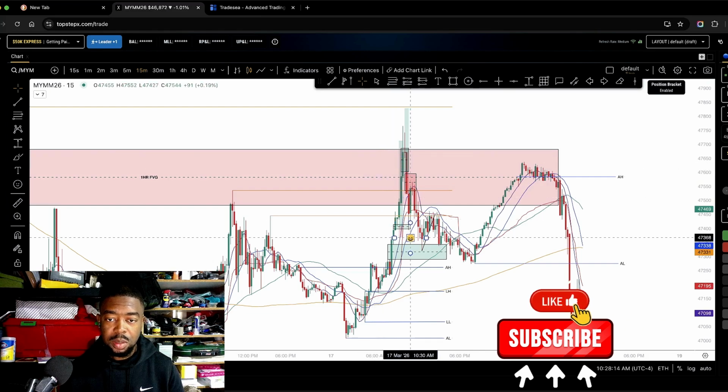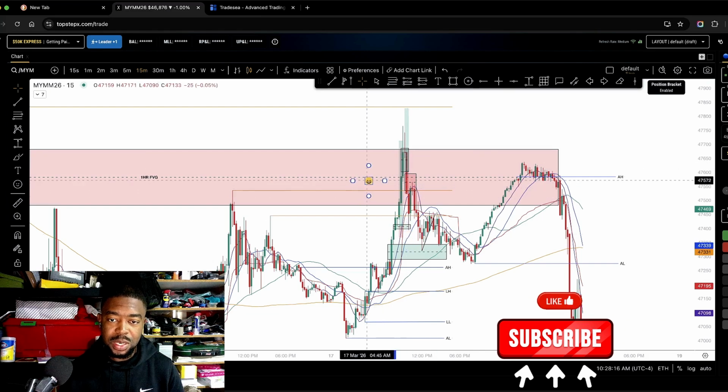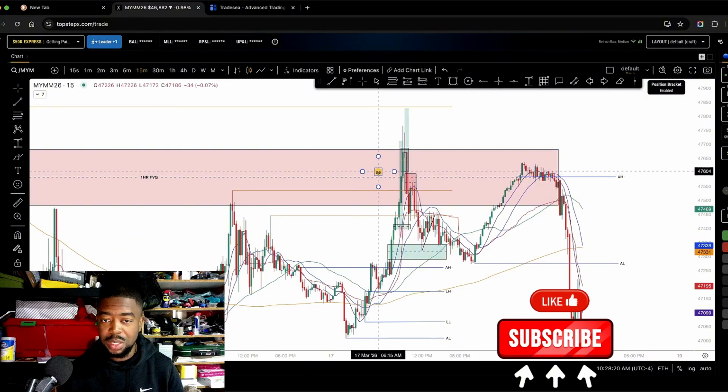But I didn't. And the reason I didn't is, one, I was spooking. I was thinking too much because we were over the equilibrium of this gap. So I'm thinking, if anything, it's just not ready to break out yet.